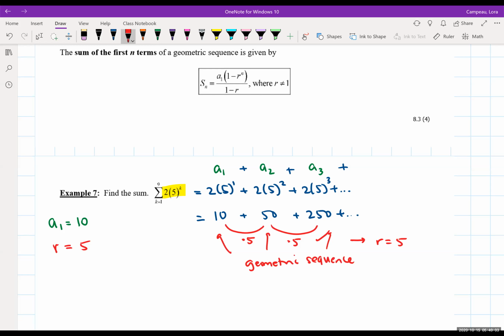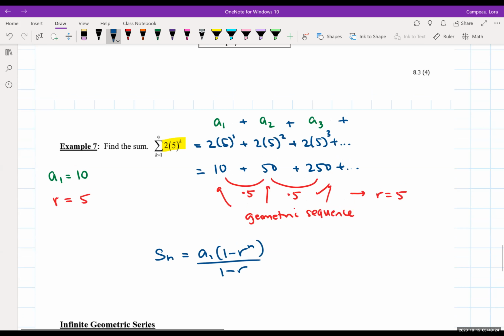So if this is the case, we can go directly and use our formula for partial sums. S of n equals a sub 1 times 1 minus r to the n, all over 1 minus r.